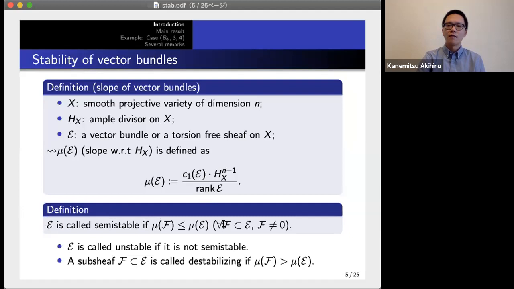So for every subsheaf F of E, the slope of F is less than or equal to the slope of E.